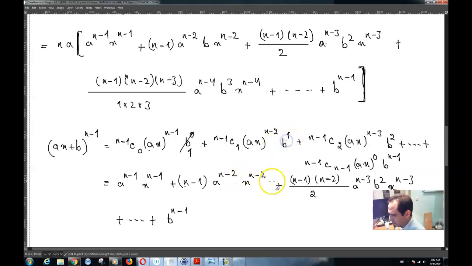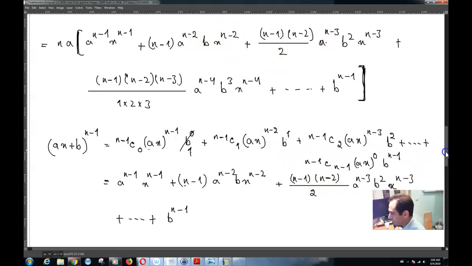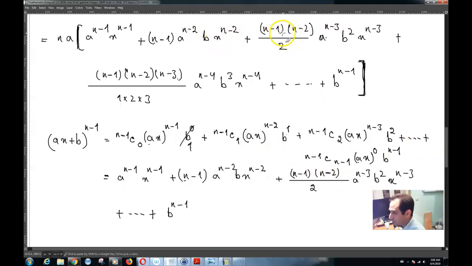And then the third term is n minus 1 times n minus 2 divided by 2, a raised to the power n minus 3 b squared x raised to the power n minus 3, and then the last term is b raised to the power n minus 1. So this thing is equal to ax plus b whole raised to the power n minus 1.